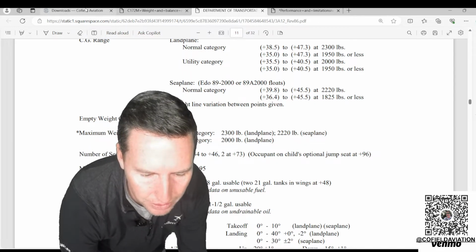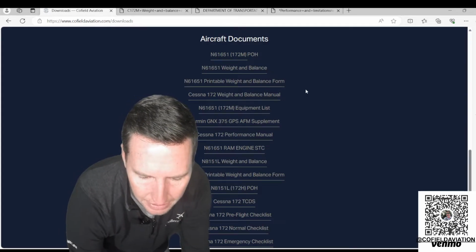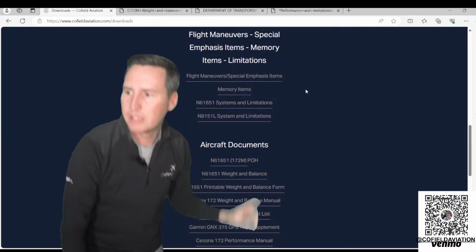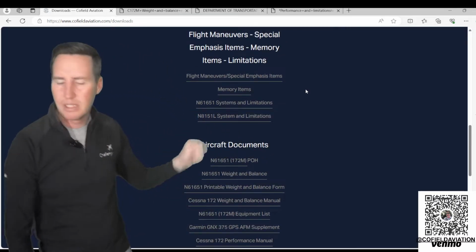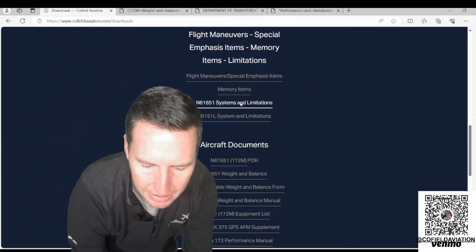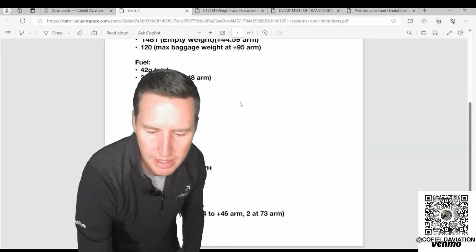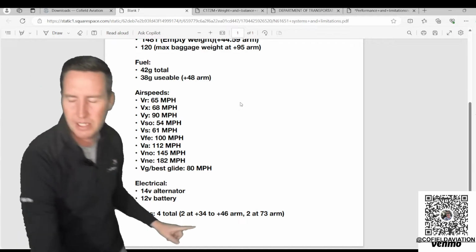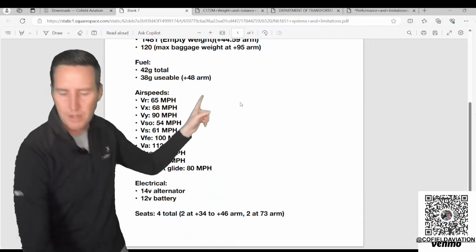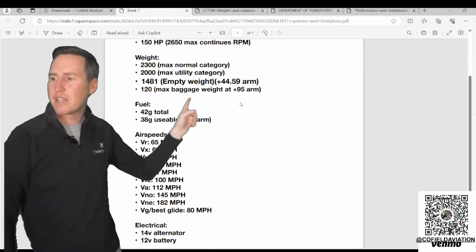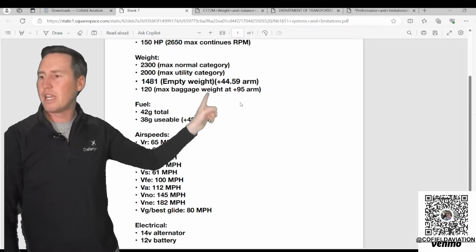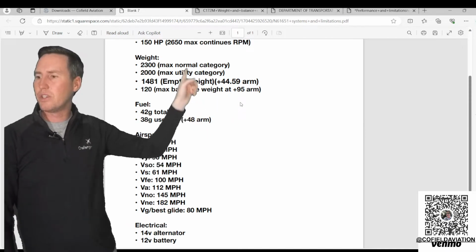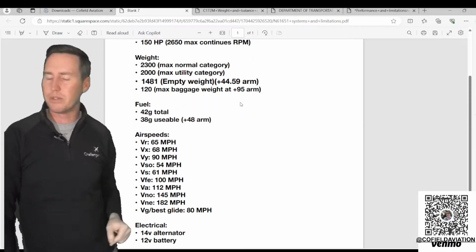And then I've also added this. So if you will look, on this systems and limitations sheet, I've also added the arms. Okay, so if you can see, here's our seat, so that comes straight out of the type certificate data sheet. Here's our fuel arm. Here's our maximum baggage. All right, there's our empty weight and our CG. There's normal and utility category.